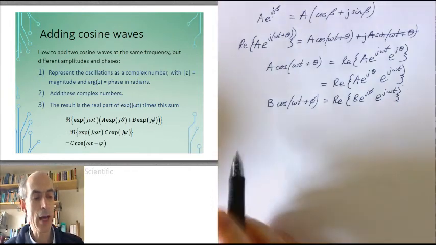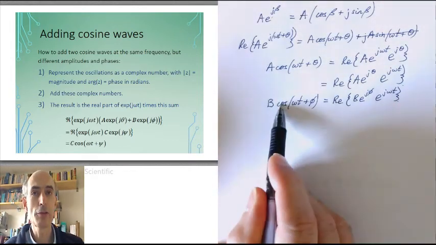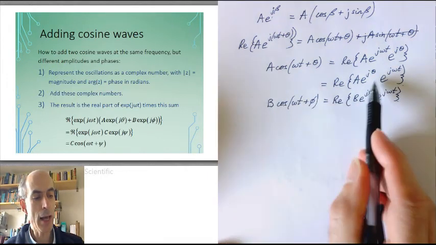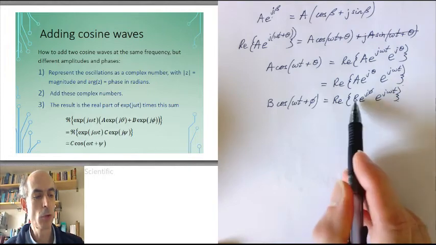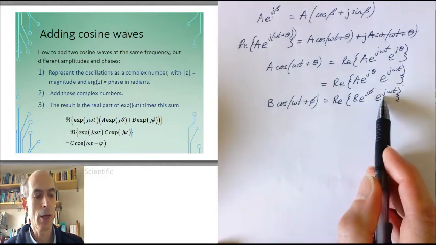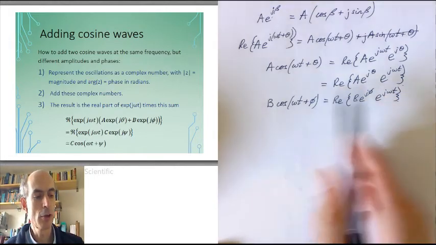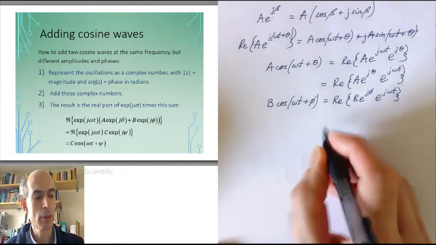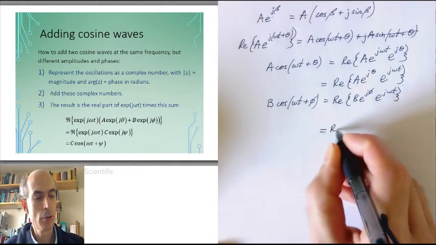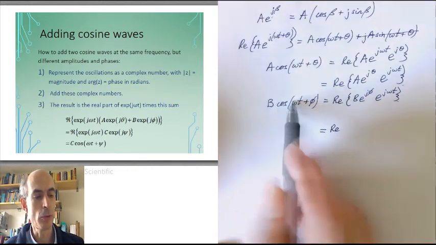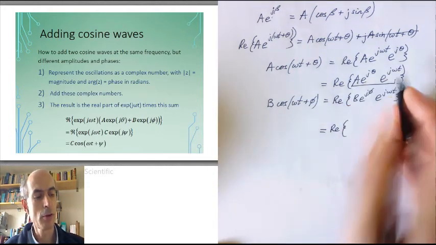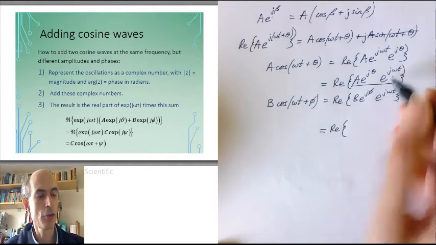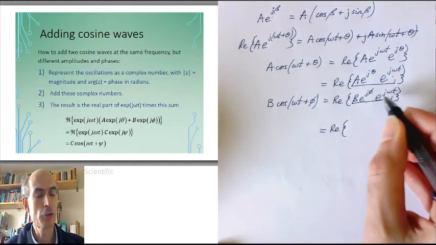And if I wanted to add up these two cosine waves, well, if I just add up the real part of this expression with the real part of this expression, I must get the real part of this plus this. So the sum of these two cosine waves is going to be the real part of this complex expression plus the real part of this complex expression.